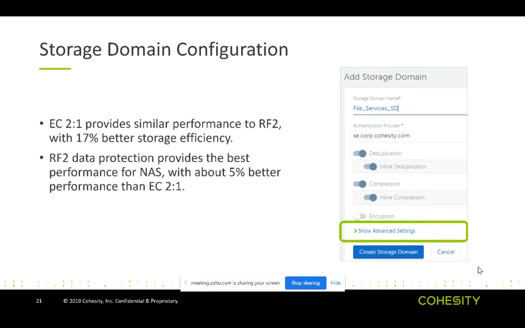You also define the encryption and the erasure coding, or the resiliency, of that storage domain. So you can make multiple storage domains, each for a specific department. Or if you are enabling multi-tenancy, you can have one storage domain for each tenant, or one storage domain for all the tenants altogether. So this is a way to organize things within the storage and to control the process of deduplication and compression.